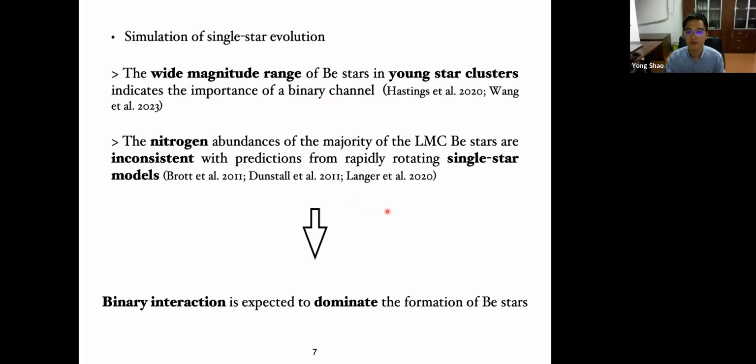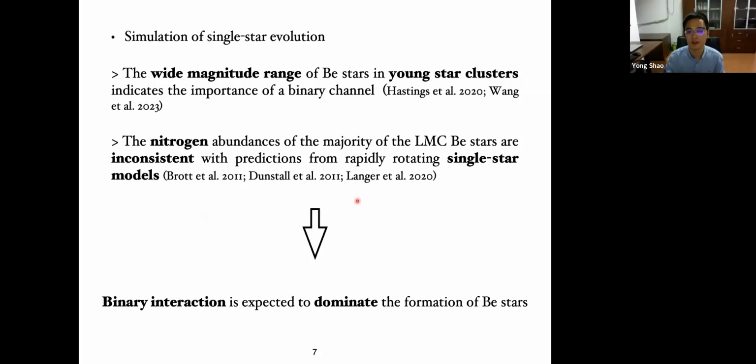And in addition, for rapidly rotating single star models, if single stars can evolve to appear as Be stars, these Be stars are expected to have high nitrogen abundances due to rotation-induced mixing inside stars.